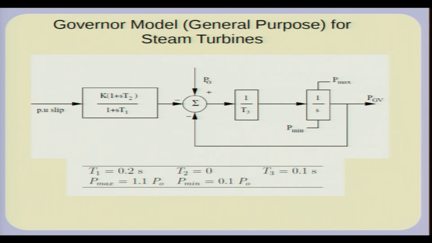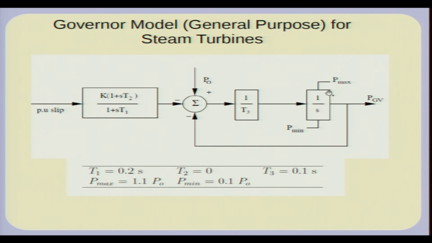The turbine and governor can then be modeled. So, the control system is in fact this. This slip is nothing but the speed error, and this is given to a gain, and it may have a lead or lag circuit. Depending on the value of T1 and T2, you can adjust the response, and the servo mechanism can also be modeled.